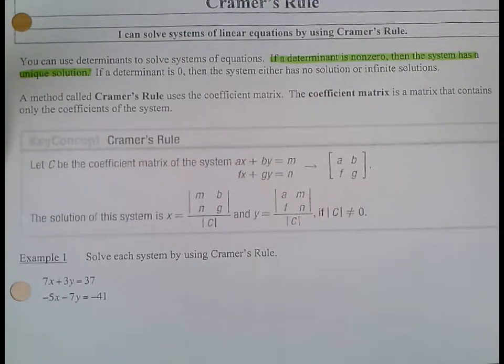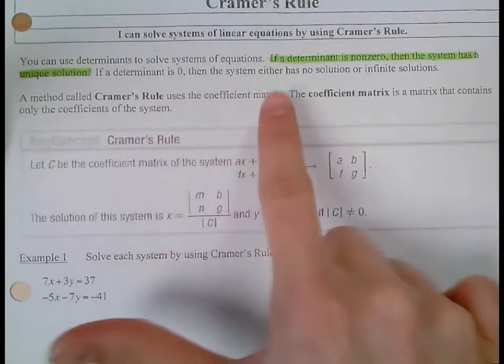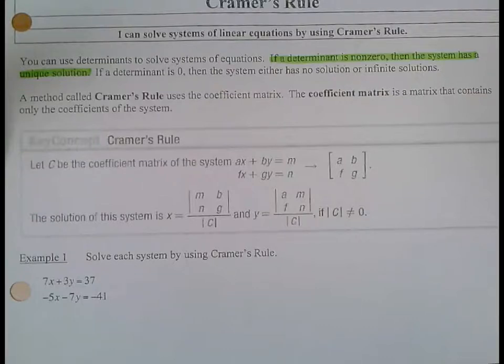So if a determinant is not 0, you will have one unique solution. Otherwise, if the determinant is 0, the system will either have no solution or infinite solutions. We are not dealing with those with Cramer's rule, where you would get a determinant of 0 and have to determine, is it no solution or infinite? We are only dealing with unique solutions when we use Cramer's rule in here.